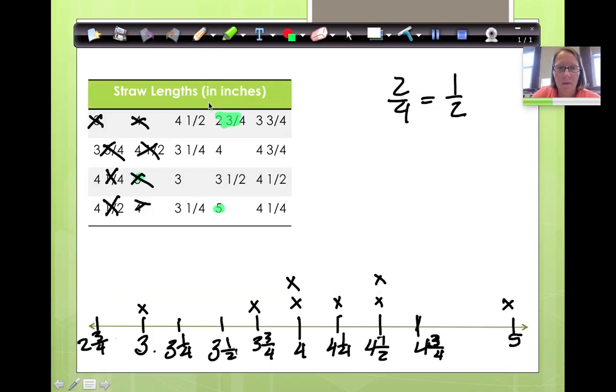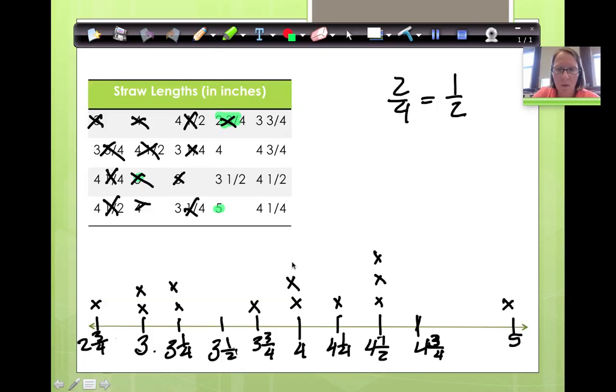Okay, 4 1/2 up here. 3 1/4 right here. 3 right here. Oh, here's another 3 1/4. 2 3/4. That was our lowest. So we've done that one. Now 4.